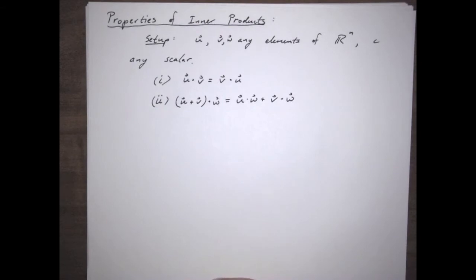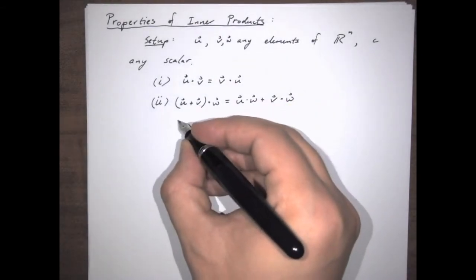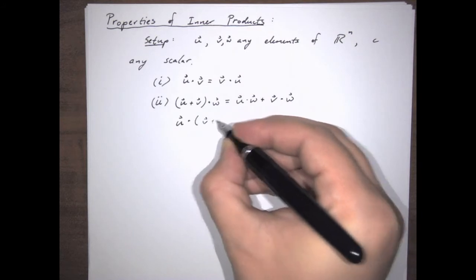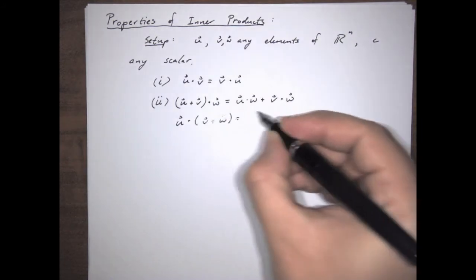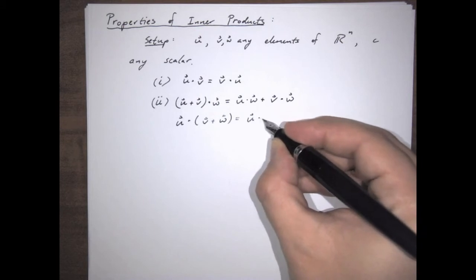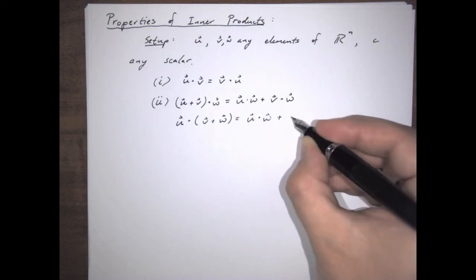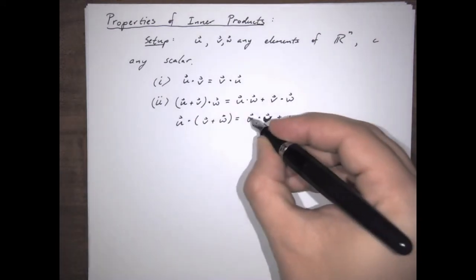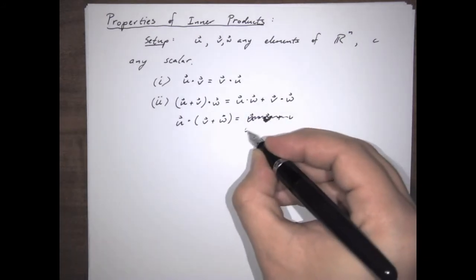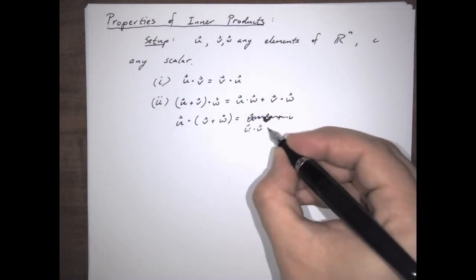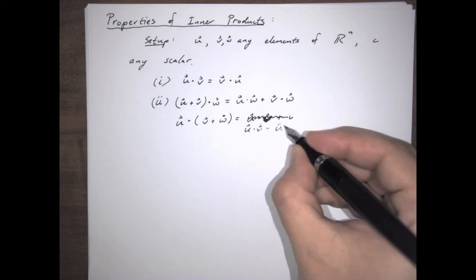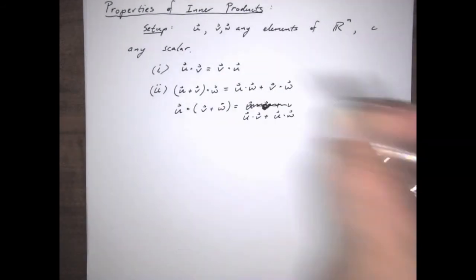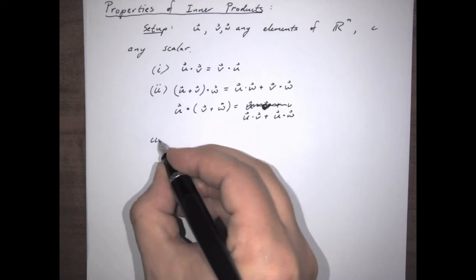And because of the commutativity, this actually works the other way as well. So if I had U dot V plus W, this would be the same as U dot V plus U dot W. Alright, so it is distributive in all the regular ways.